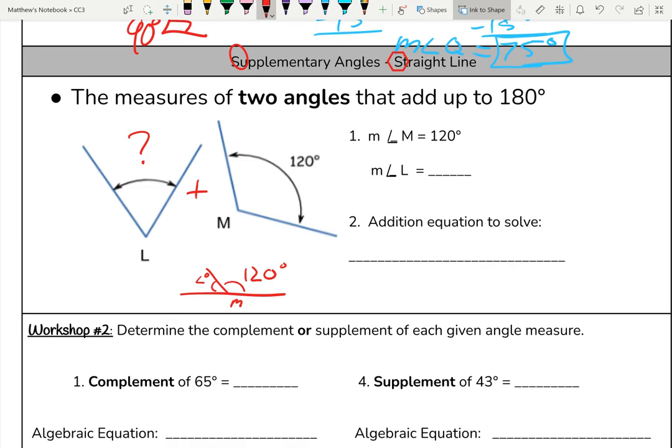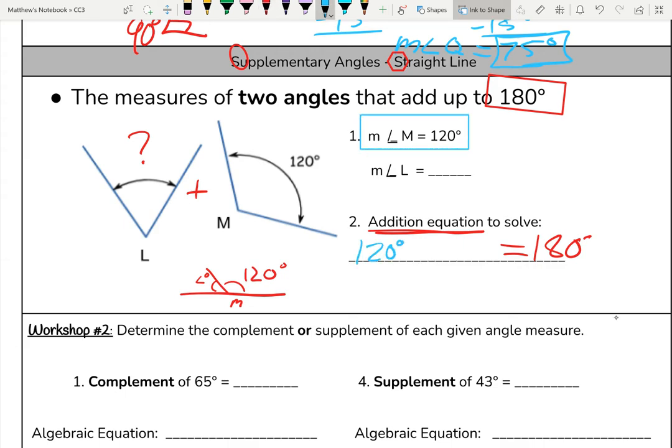So again, I'm going to create an addition equation. Think about how we'd set this up. What do we know they add up to? 180. What are my two components? Well, angle M, which is 120 degrees, plus the measure of angle L, which is unknown. And then I want to get the measure of angle L by itself.